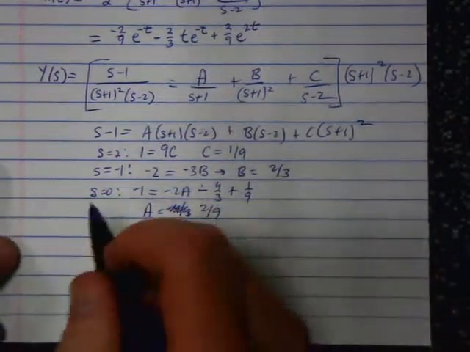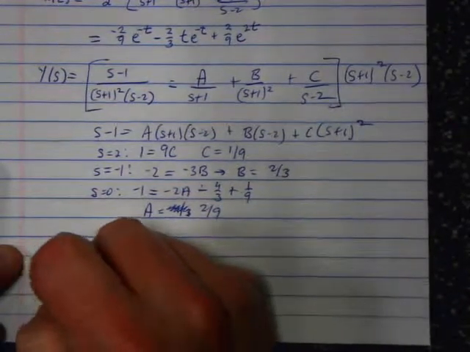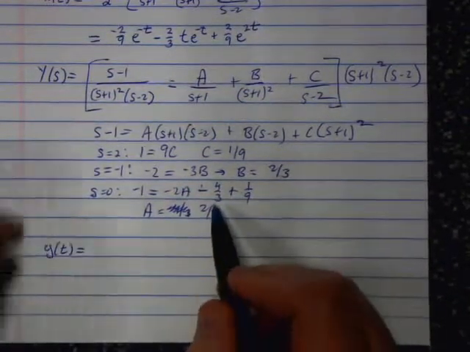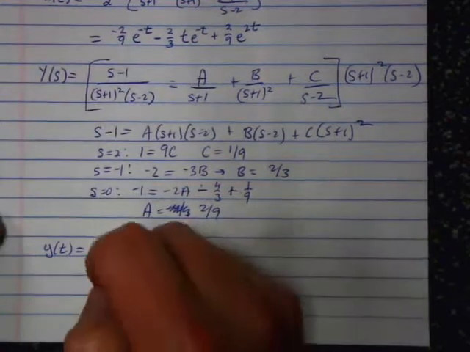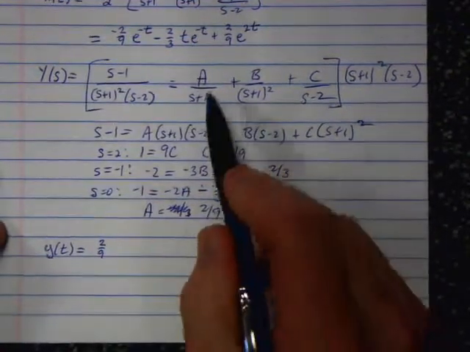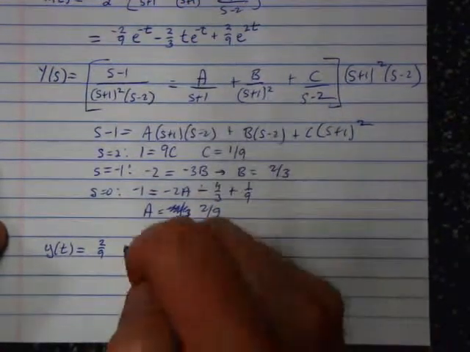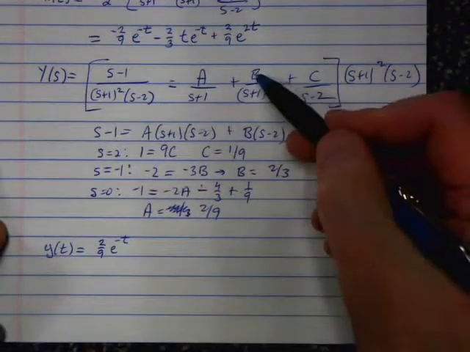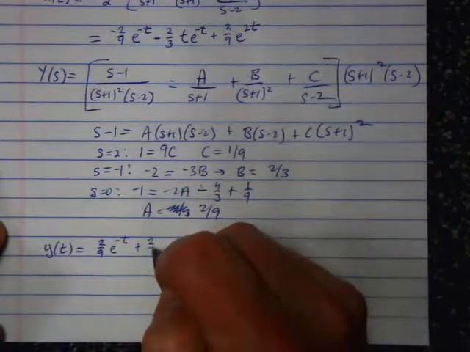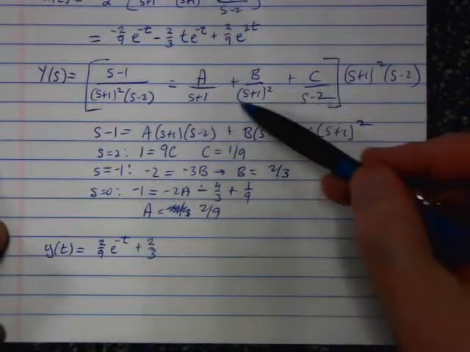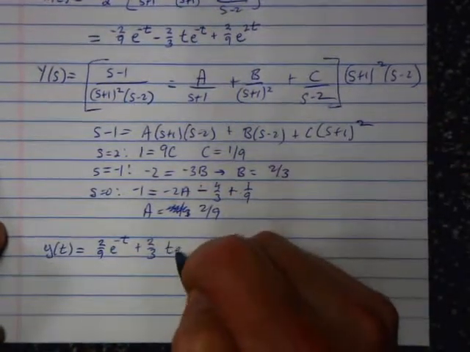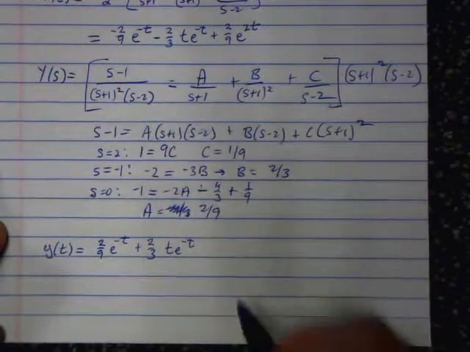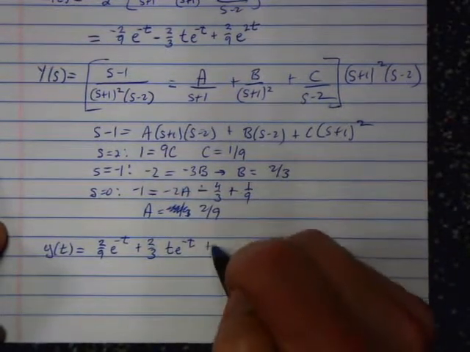All right, so final answer. Little y of t is, I'm going to have the 2/9 inverse Laplace transform with an s plus 1 on bottom. That's an e to the -t. And then my b was 2/3. I look in my chart again. That one's a t e to the -t. And then the c was 1/9.